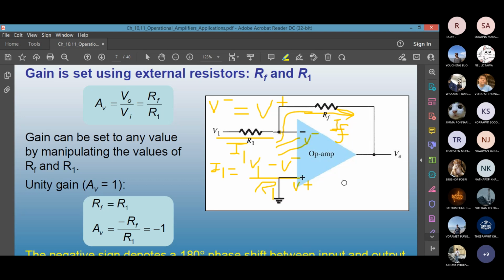And I said I1 equals IF, isn't it? This equals, what is IF? It's flowing from left to right. So this voltage, V minus minus V out, divided by RF. Do you understand this part? It's the simple Ohm's law.